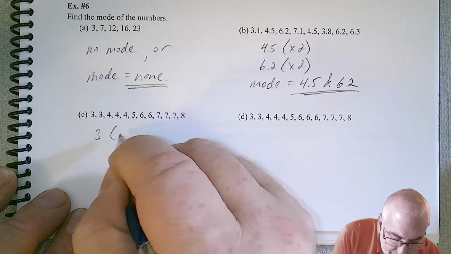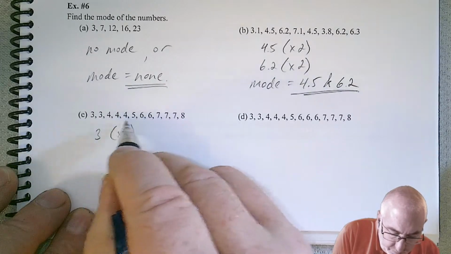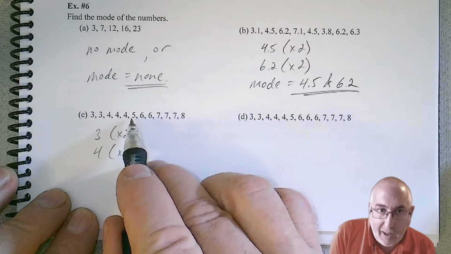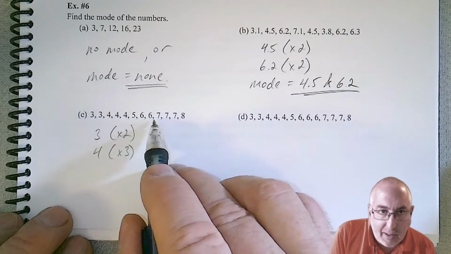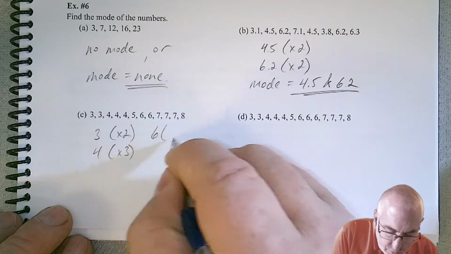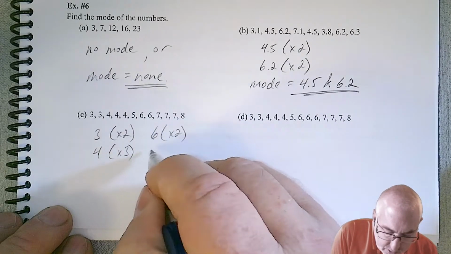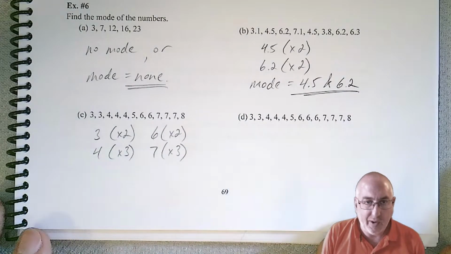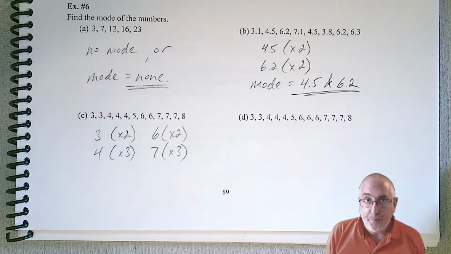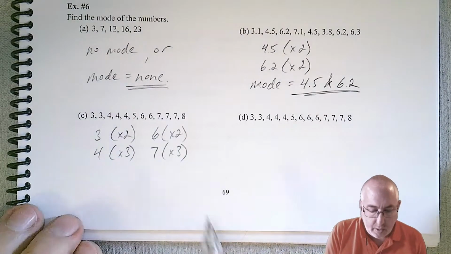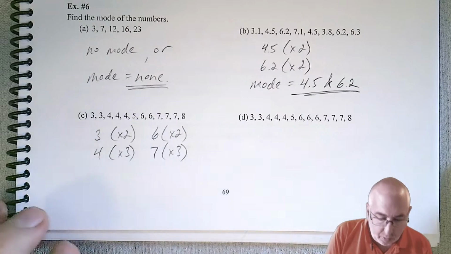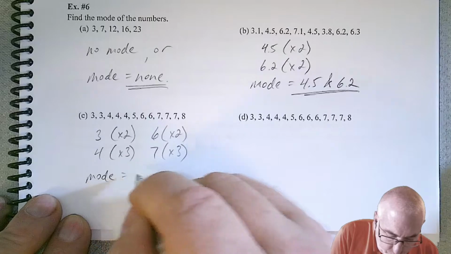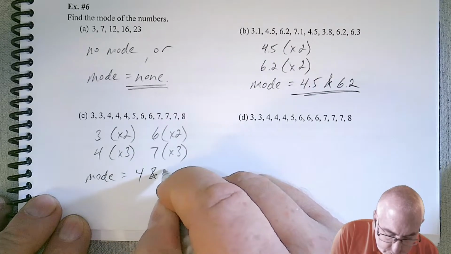We have a 3 that happens twice, the 4 that happens 3 times. 5 only happens once, so we don't care about that. 6 happens twice. 7 happens 3 times. 8 happens once, so that's out of contention. We want the ones that happen the most, and the 4 and the 7 happen the most. So it looks like we got 4 and 7.